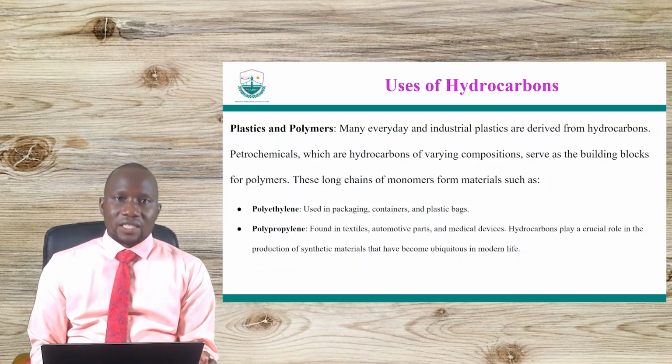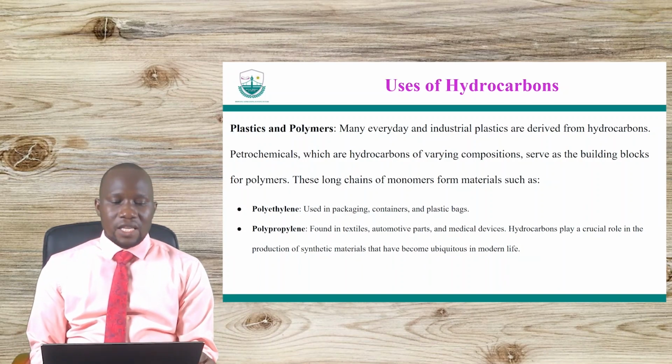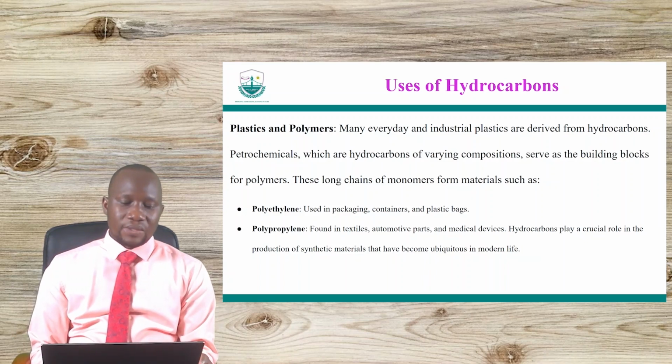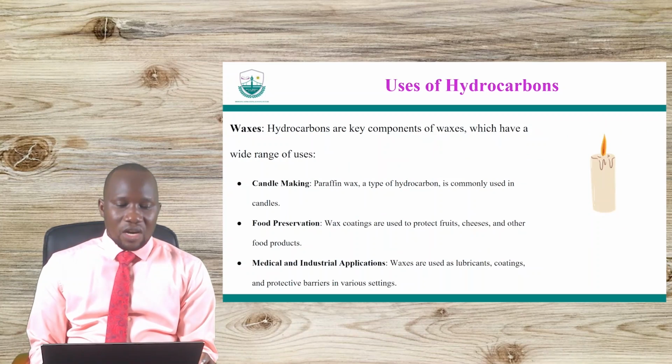The plastics that we use are made as a result of polymerization, which we shall look at later on. The plastics we use, for example the basins, the cups, and some of the plates, are made from hydrocarbons. The polyethylene, the packaging, the containers, the plastic bags, all those are made from hydrocarbons.